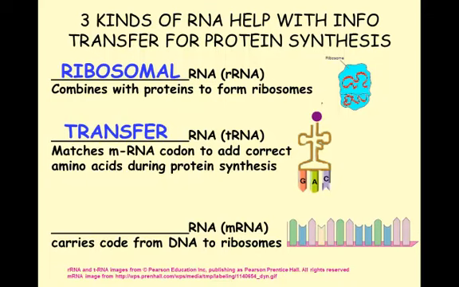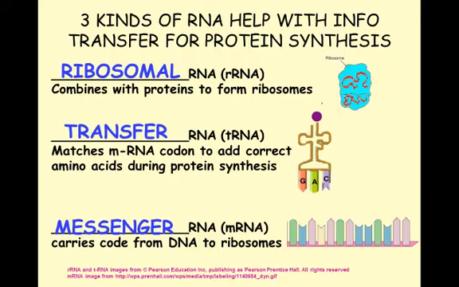And it does it by matching up a spot on the message that's telling what amino acid to put where. We're going to talk how that works in just a minute. The third kind of RNA is called messenger RNA, and that's the RNA that actually carries the code from the DNA out to the ribosomes and provides the information on how to build our protein.